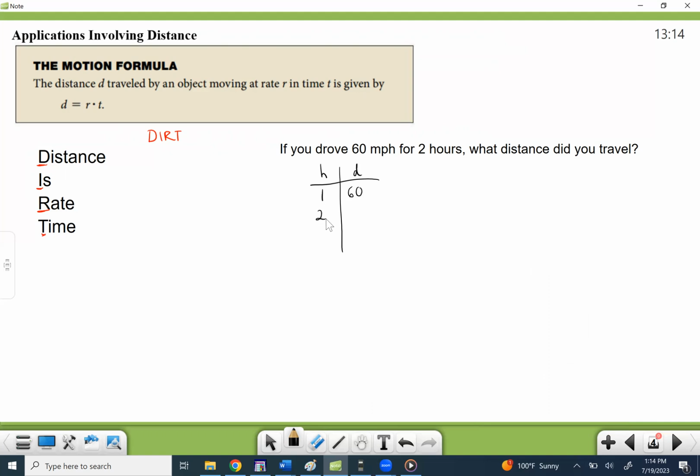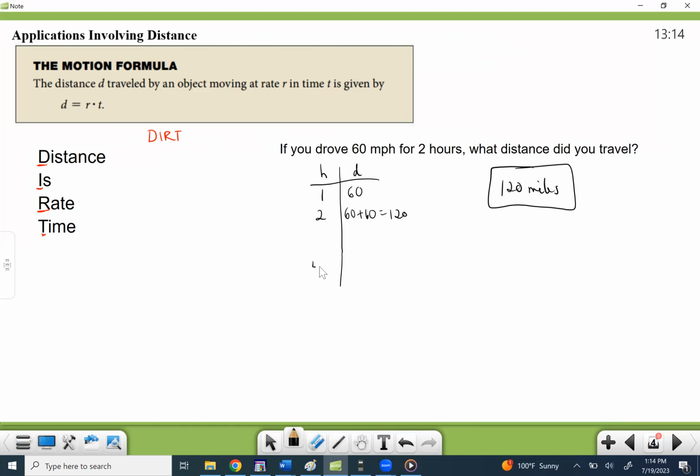So in the second hour, you drove 60 plus another 60, right? So that's going to give you 120. So you drove 120 miles then, right? 60 the first hour, 60 the second hour, because you're doing 60 miles per hour. There's your 120.